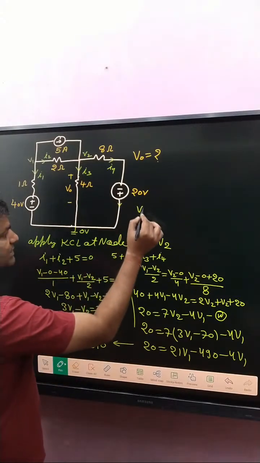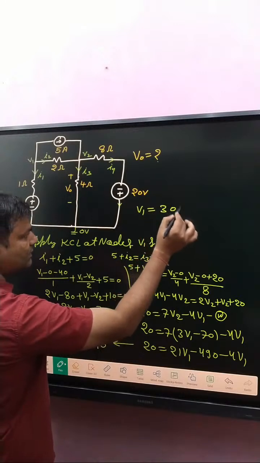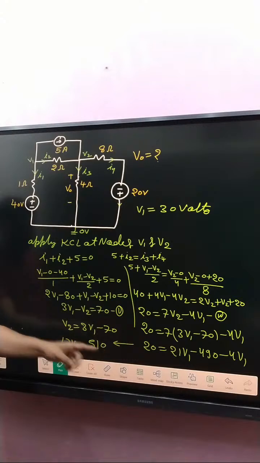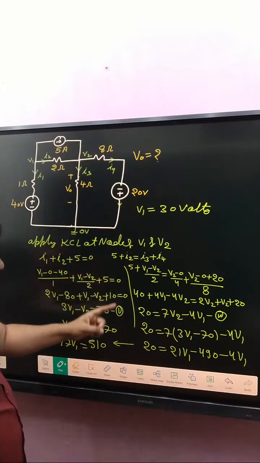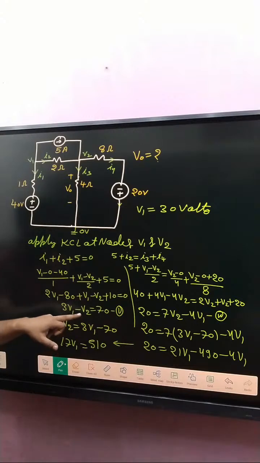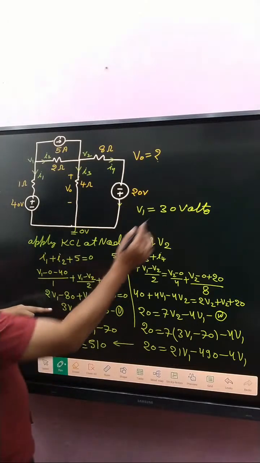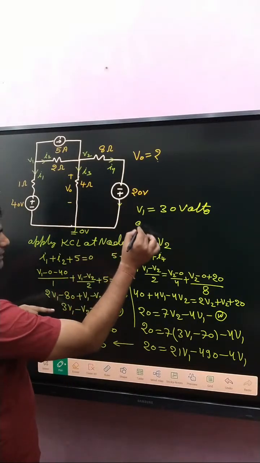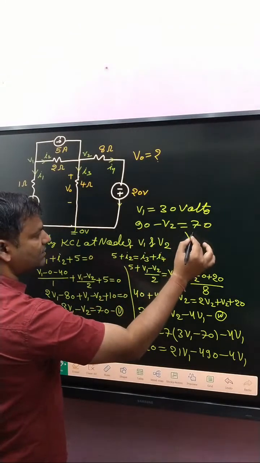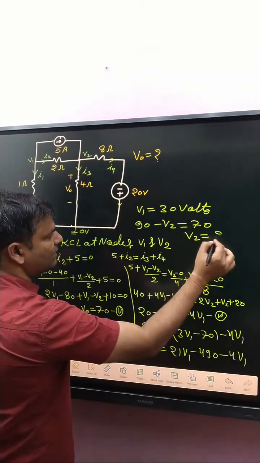So V1 is how much? 510 divided by 17 is 30 volt. So what about V2? Put that value in equation number 1. Then 3 times 30 is 90, minus V2 equal to 70. So V2 is 20 volt.